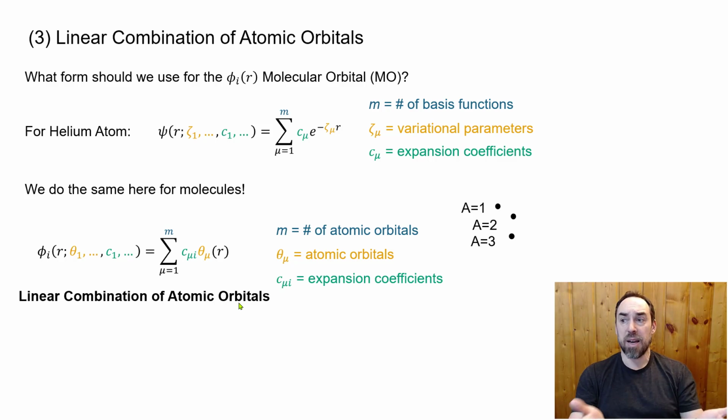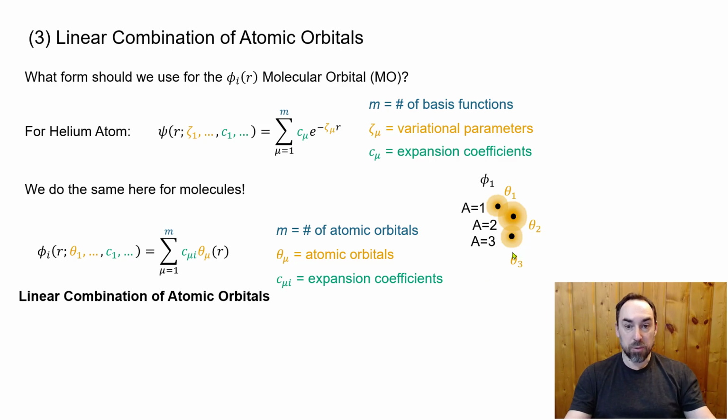And so let's see an example of this. Suppose that we have a molecule made by 3 atoms, 1, 2, and 3. And we're going to put atomic orbital theta 1 on atom 1, looks like a 1s to me, and an atomic orbital theta 2 on atom 2, by the size that could be a 1s, a 2s, depends on how you look at it, and another one theta 3.